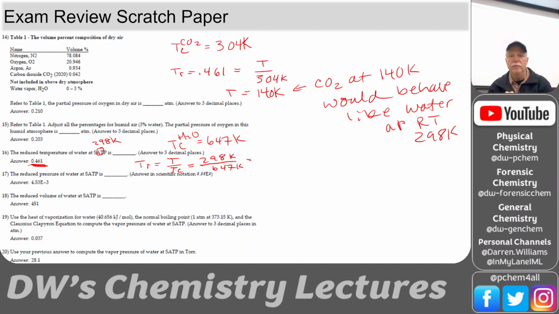So assuming ideal pressure for CO2 at 140, and say using the van der Waals equation for CO2 at 140, you'd have the same error there as you would have for water at ideal and real conditions at 298. So that's a way to think of it.